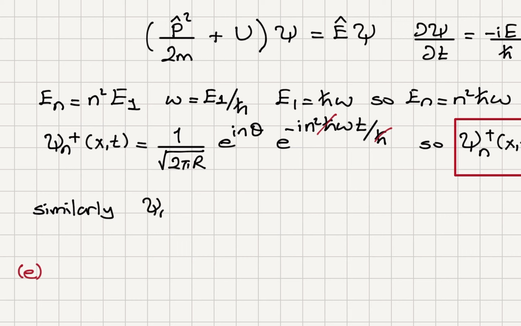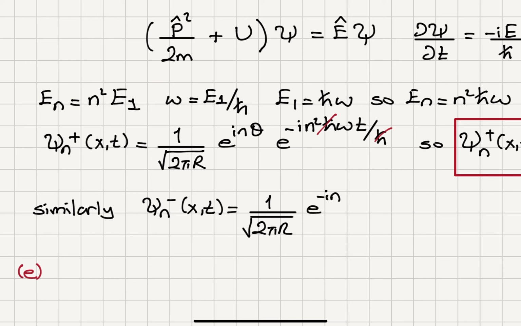Psi n minus of x and t is the same normalization constant, 1 over square root of 2 pi capital R, multiplied with e to the minus i n times x over R plus n omega t.